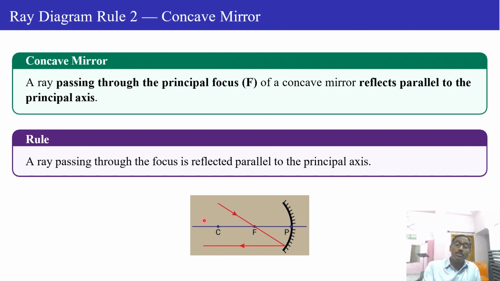This you should be able to draw. Okay, this is the ray passing through the focus and reflecting parallel to the principal axis. In the case of a concave mirror, the ray which is passing through the focus, after reflection will be parallel to the principal axis.